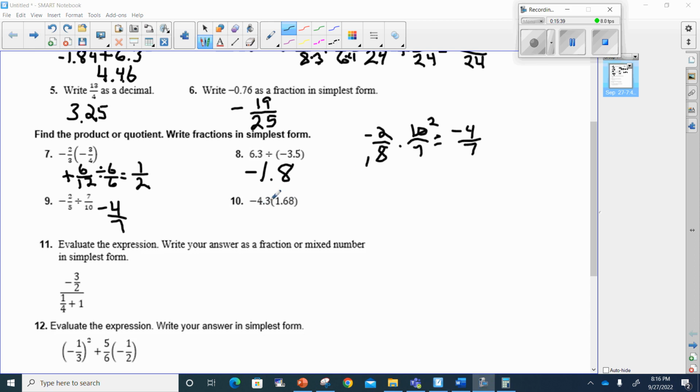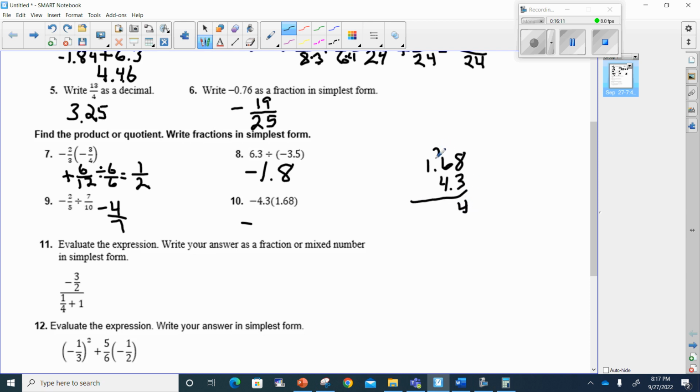Next, we got number 10 here. We're multiplying these numbers together because of the parentheses. A negative times a positive is a negative, so I already know my answer is negative. So now I'm just going to give myself some room to work again. Let's see, 1.68. I'm going to multiply it by 4.3. 8 times 3 is 24. 6 times 3 is 18, 19, 20. 3 times 1 is 3, plus 2 is 5.